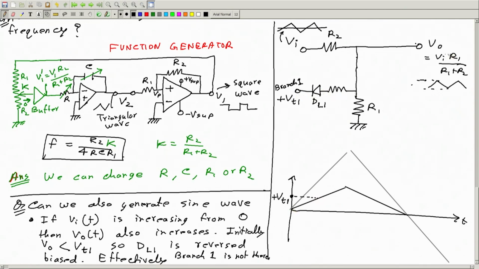So okay, the output will just go increasing, assuming only this part is there, this part is not there, so it will go like this, no problem. But at this point, something different will happen. What will happen after this point? After this point, this diode will be on, right? So this diode will be on, forward biased, okay? So call this time T1, okay?